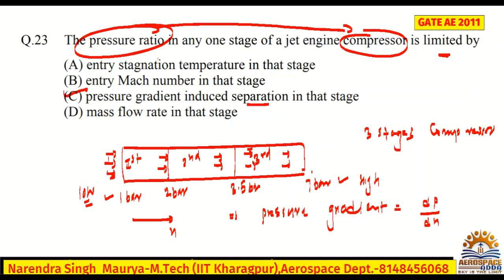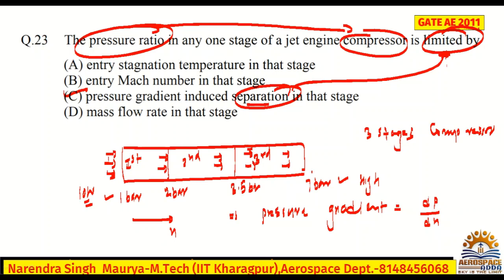Because the pressure variation in the direction x will be increasing continuously, and it will try to reverse the flow. It will try to separate the flow in those stages. Hence the pressure ratio in one stage of a jet engine compressor is limited. So that limitation is separation. Separation is the limitation, or breakdown of the flow. That is called surging. This separation of the flow is called stalling.